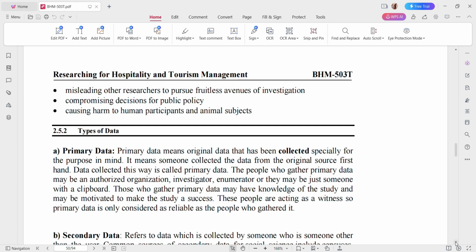Okay. Now, causing harm, ito talaga, no, causing harm to human participants. Because if hindi tama yung process natin, hindi na-establish, maaaring makakause ng harm sa participants natin, no? That's why in the conduct of research, transparency is very important.